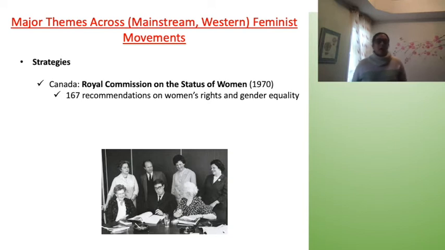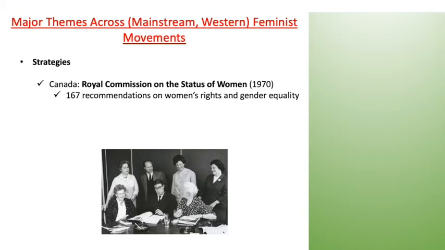So having the government endorse and set up this formal commission to investigate was really important to that movement, and in Canada certainly signifies the legitimacy of feminism at that time, and it resulted also in the establishment of the Status of Women office in Canada, and really showed some legitimacy and took seriously the issues of those feminists.